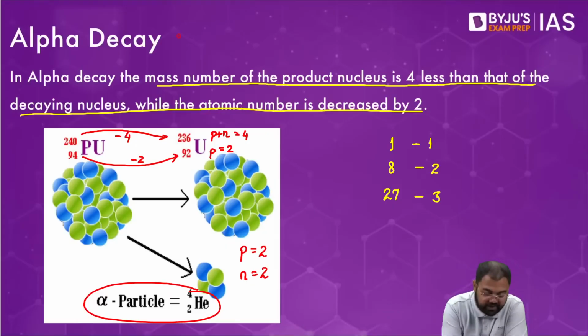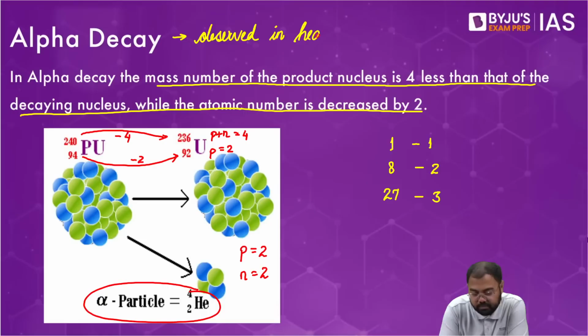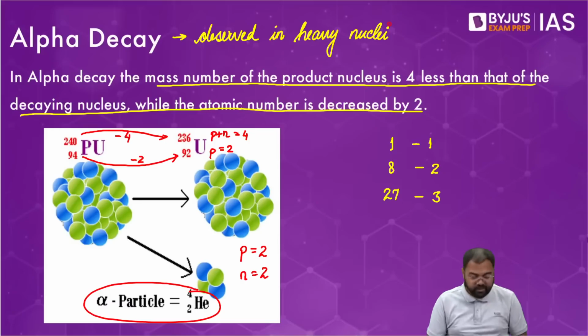That's why alpha decay is something that is observed in heavy nuclei and not in the lighter ones. So that is what becomes alpha decay.